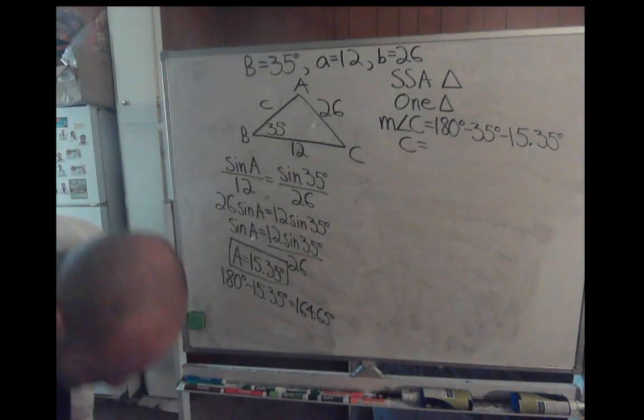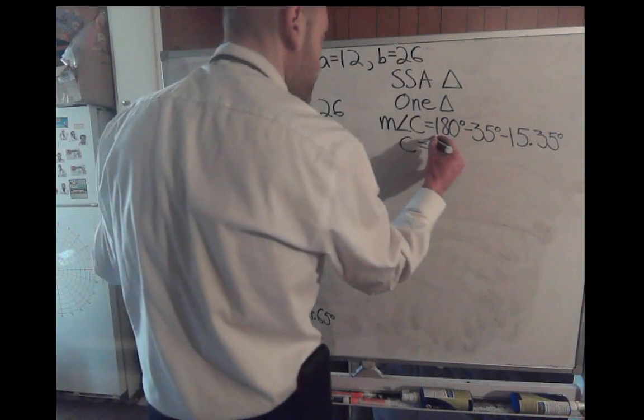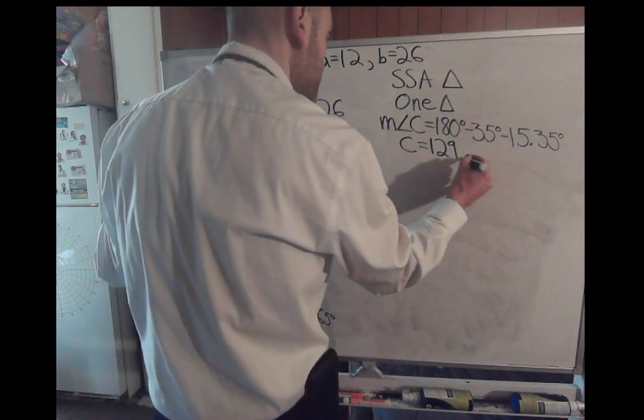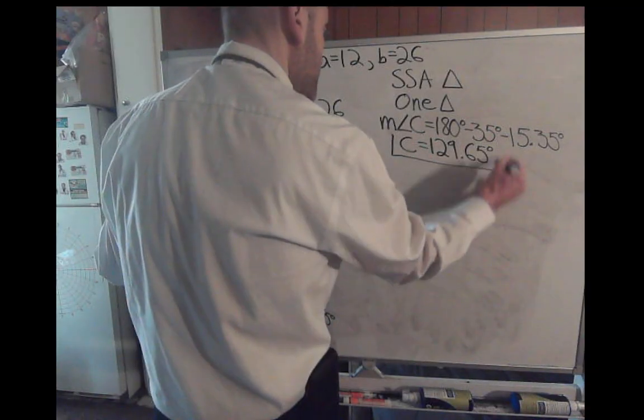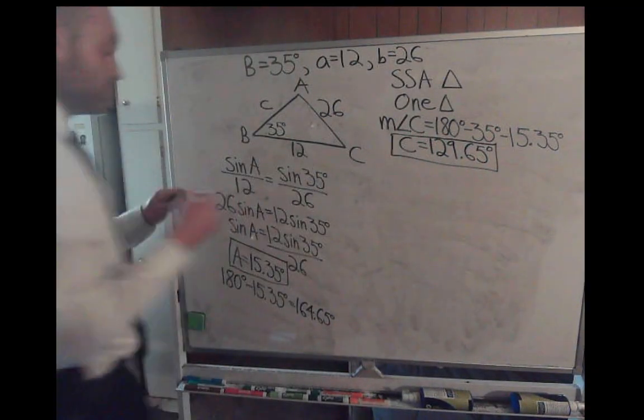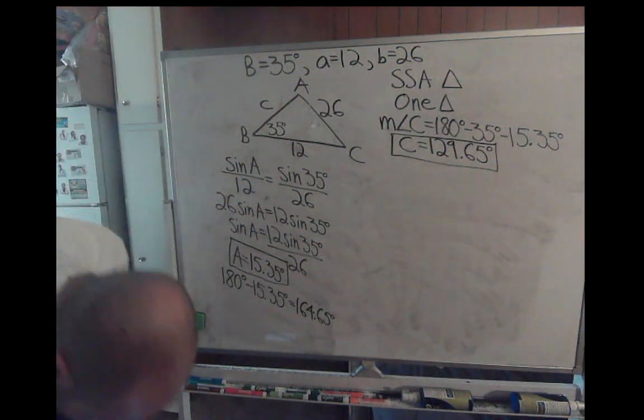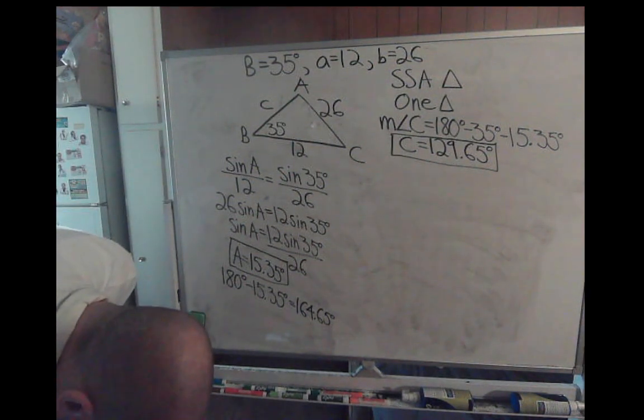That means angle C should be 129.65 degrees. So now we know all three angles, we just need to find side C. That's going to be relatively easy.